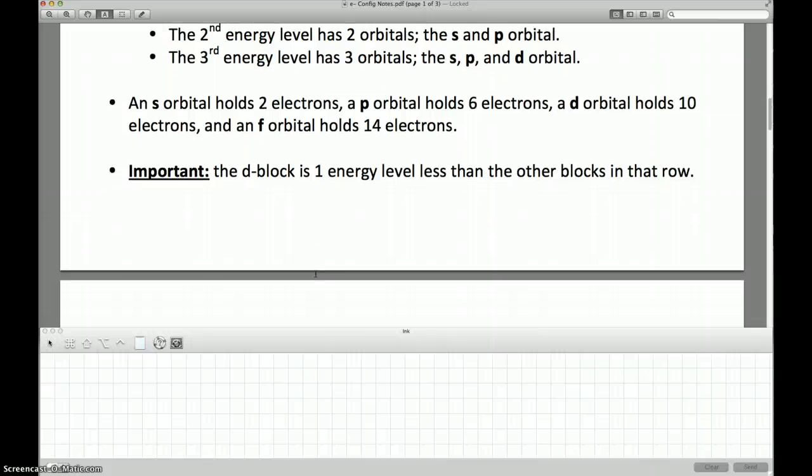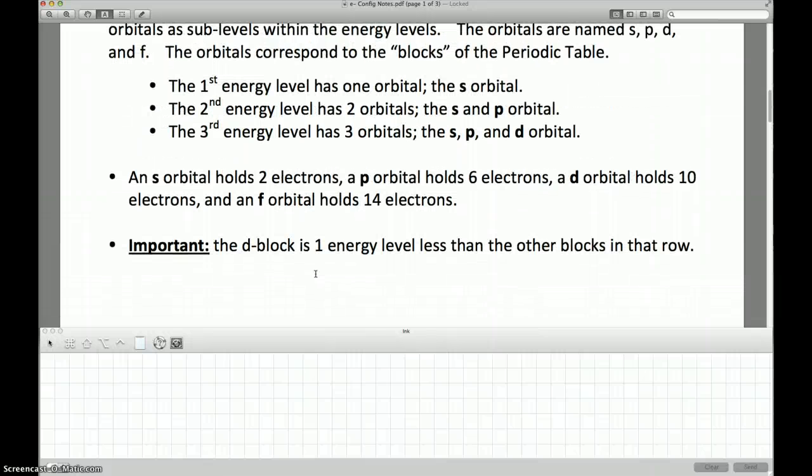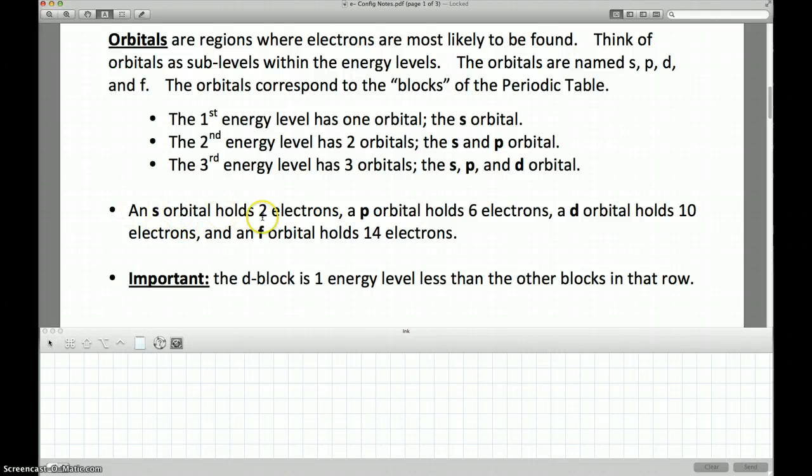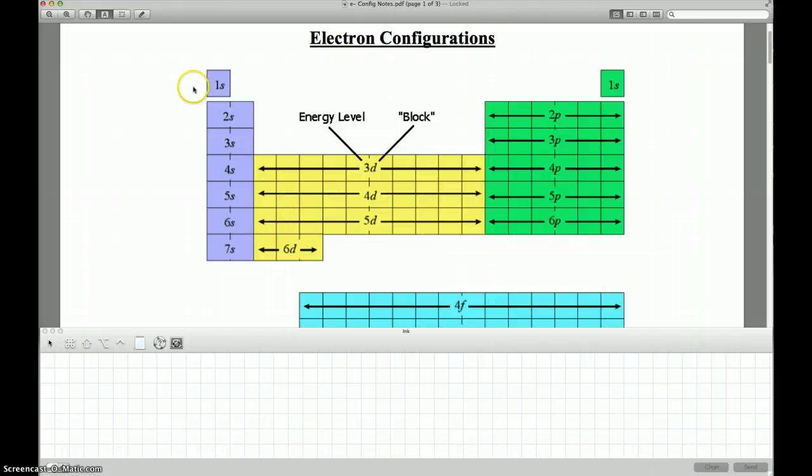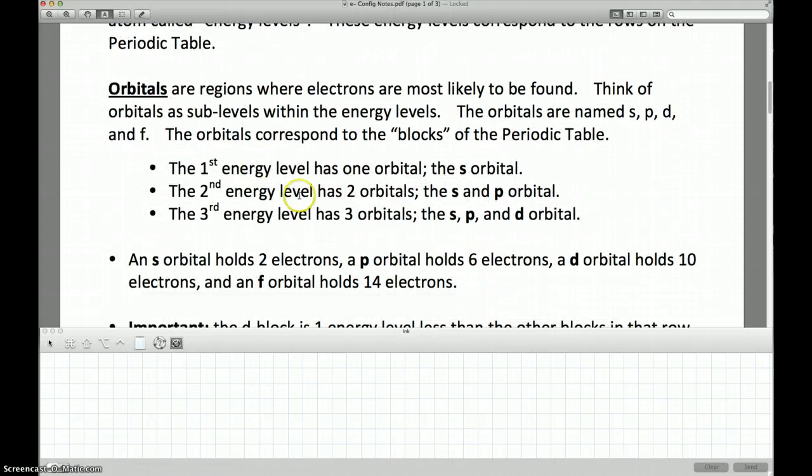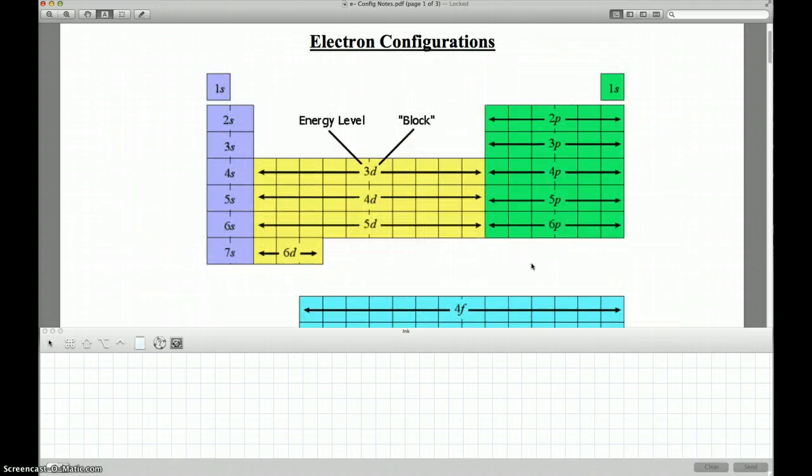I am going to skip over that real quick. Actually, we'll talk about this bullet point here. An s orbital holds 2 electrons. Look back at our diagram here. If we look at the s block, the s block is 2 columns wide, so it's got 2 boxes in each row. Down here it says the p orbital holds 6 electrons. Well, in a row of the p block, how many boxes are there? 1, 2, 3, 4, 5, 6.